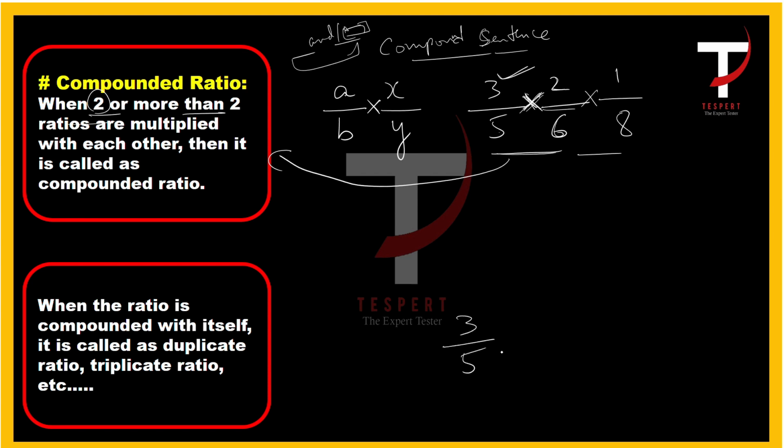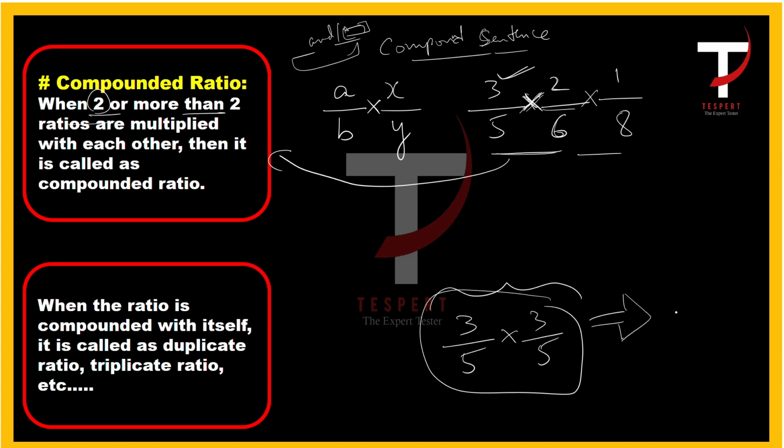So if we are multiplying 3 by 5 with 3 by 5, the same ratio, then this is also known as a compounded ratio, but it has one more name, which is a duplicate ratio.